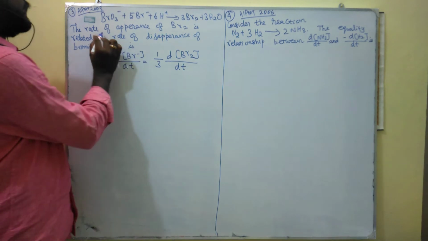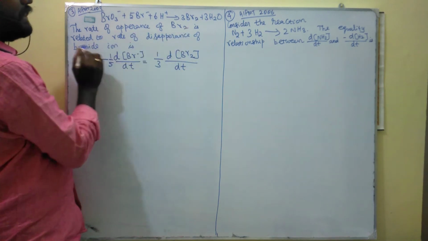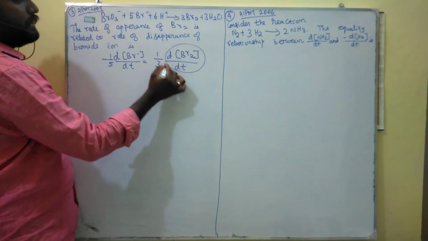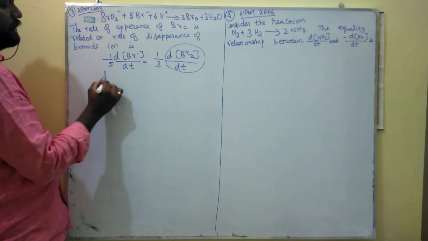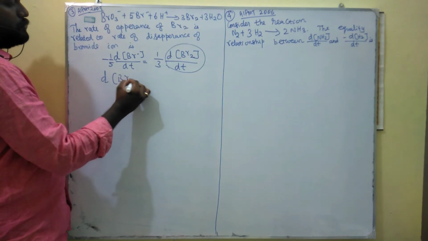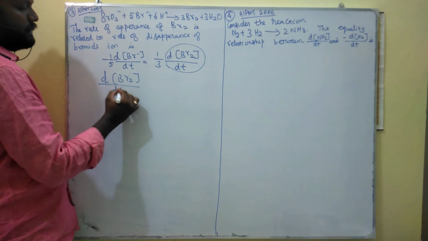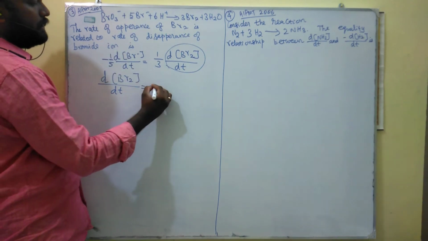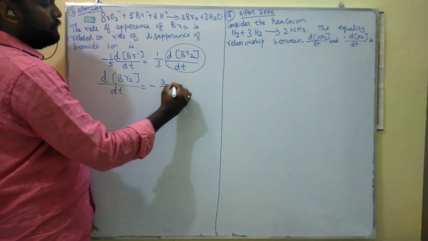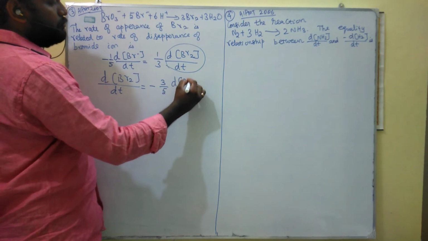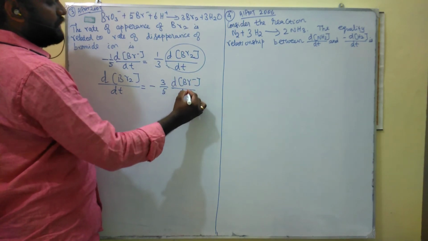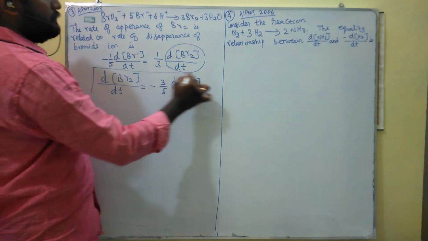They are asking for the rate of appearance of bromine. So d[Br2]/dt is equal to minus 3 by 5 d[Br minus]/dt. This is the answer.